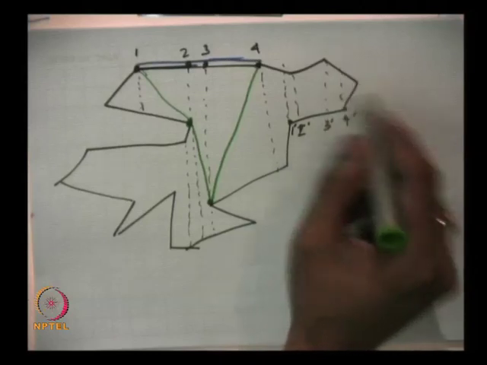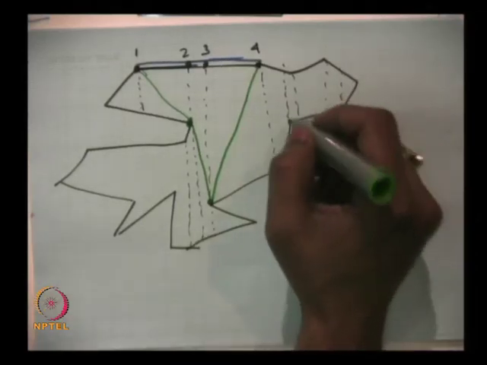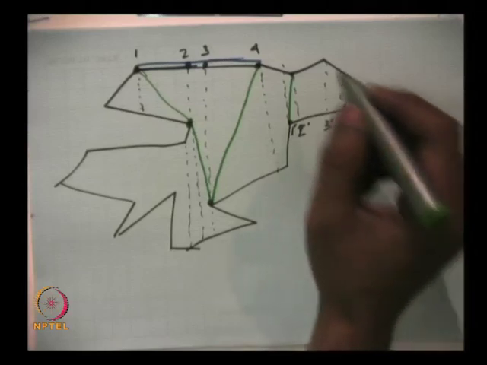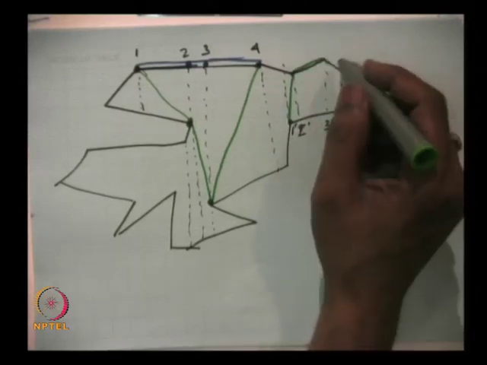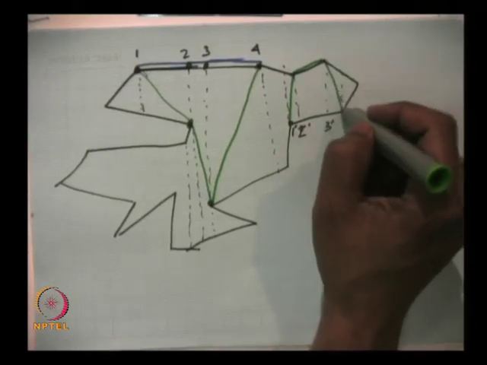And I am going to do it simultaneously for all the edges. So, for this edge again, I am going to join it with this, and this is of course by this vertex, and then essentially it ends like this, right.